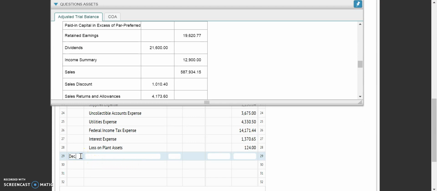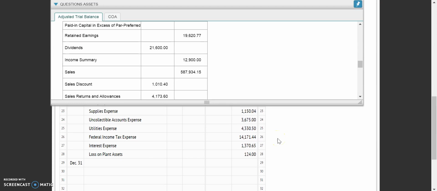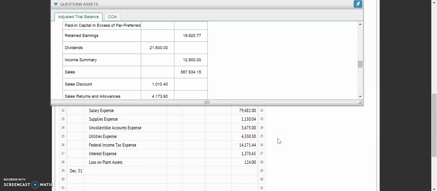So let's plug in our December 31st, and then we need to figure out whether we had a net income or not. Now, if you do remember from our last few work-togethers, we did have a net income we had found, but Appley is being kind of tricky. They didn't flat out give it to us, so we have to figure it out. So remember that we figure out our net income by figuring out what the balance in our income summary account is.